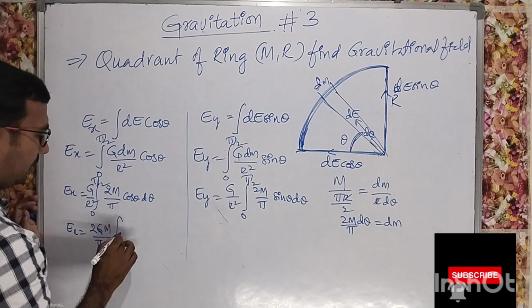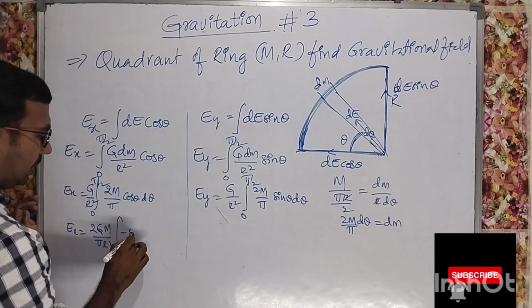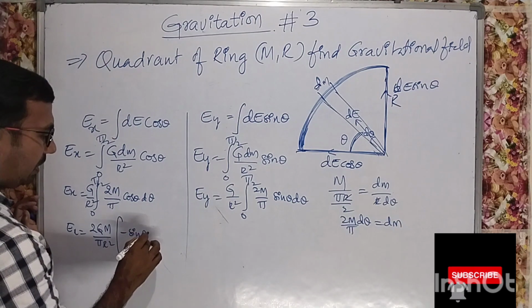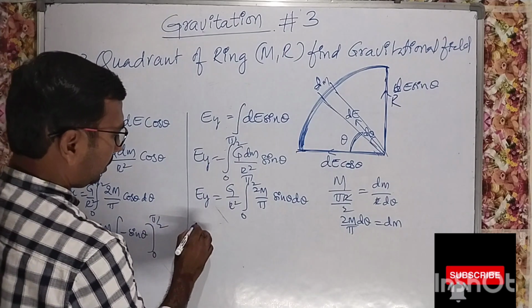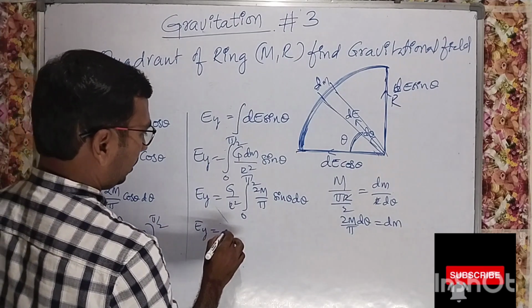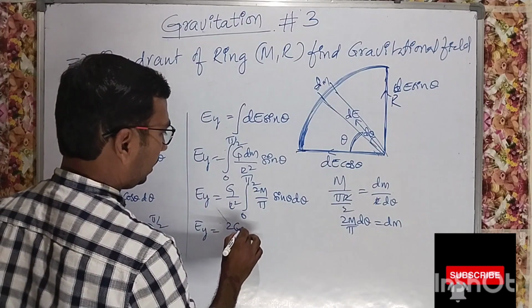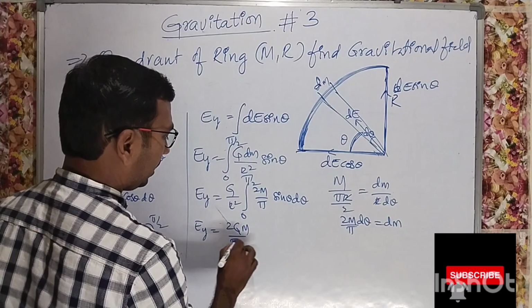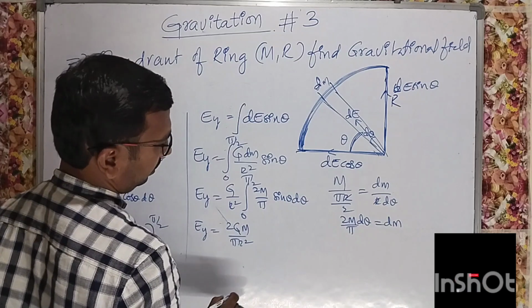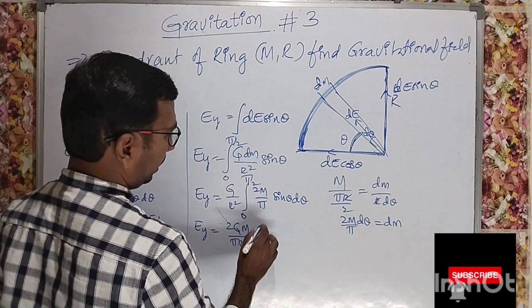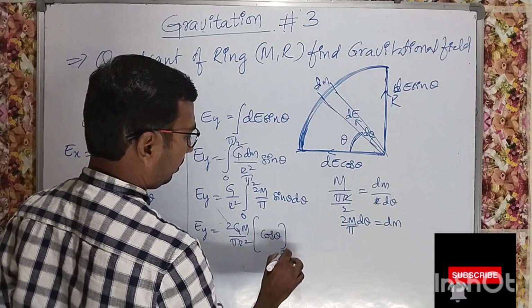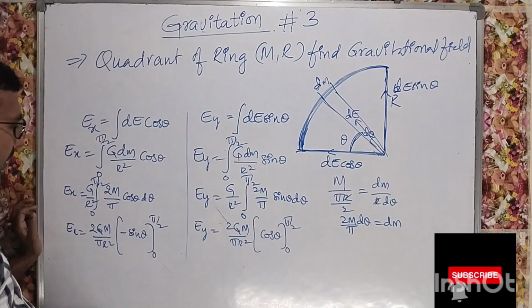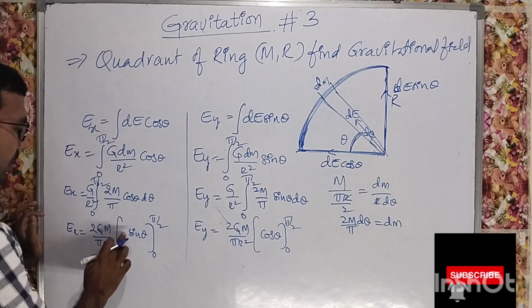Here 2M by pi is also a constant, so Ex is equal to 2GM by pi r square times the integration of cos theta from 0 to pi by 2, and Ey is the same with 2GM by pi r square times the integration of sin theta.